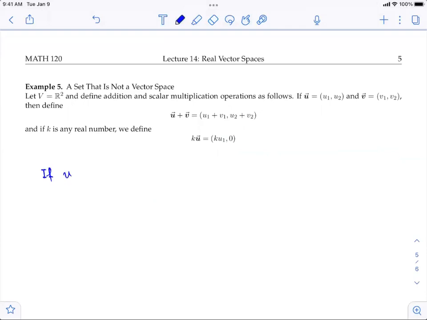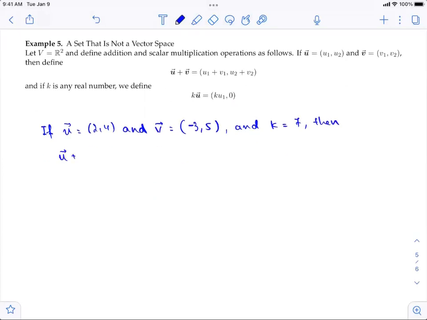Suppose u is equal to (2, 4), v is equal to (-3, 5), and k is equal to, let's say, 7. Then you have the usual vector addition: u plus v is equal to (2, 4) plus (-3, 5), which equals (-1, 9). That's straightforward.